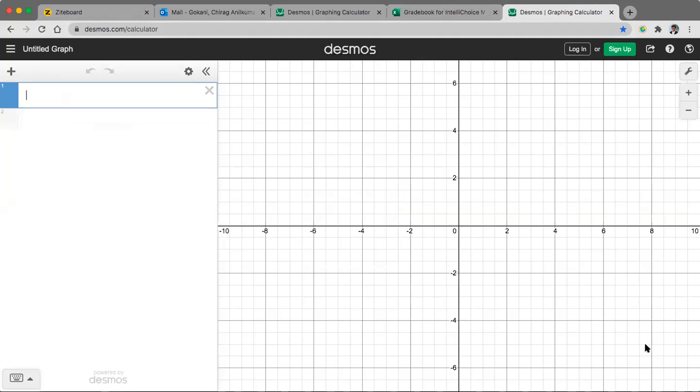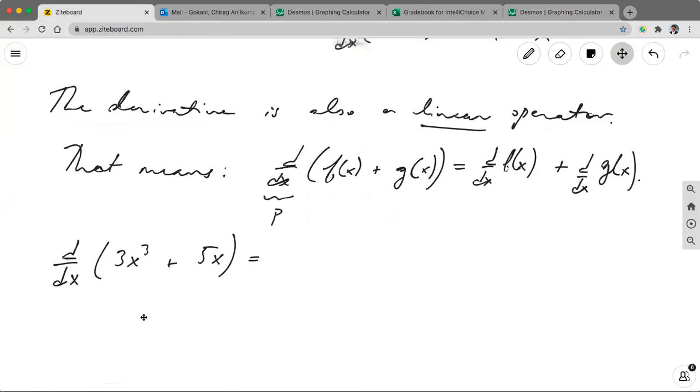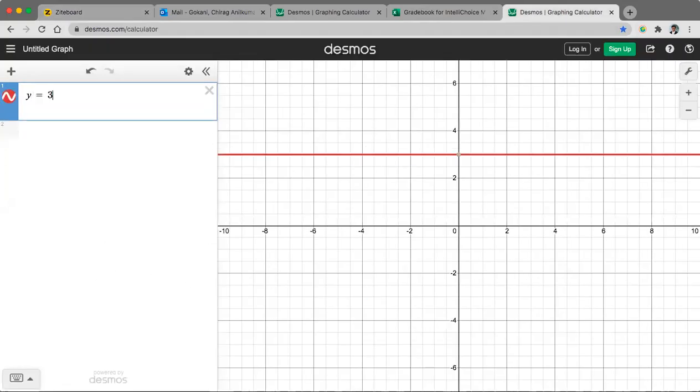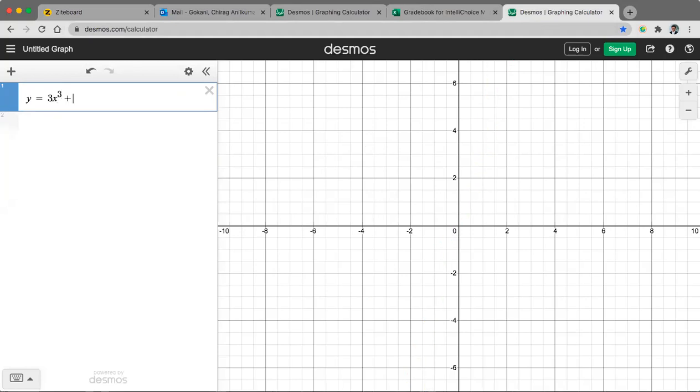It's the last day of the course, and I'm still struggling here. Okay, so you see 3x cubed plus 5x. If I were to graph this, y is 3x cubed, and I can add 5x. So I have an entirely new function that's the sum of 3x cubed and 5x, each of which is a function, like f and g.